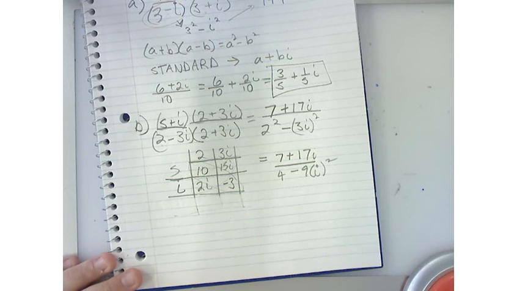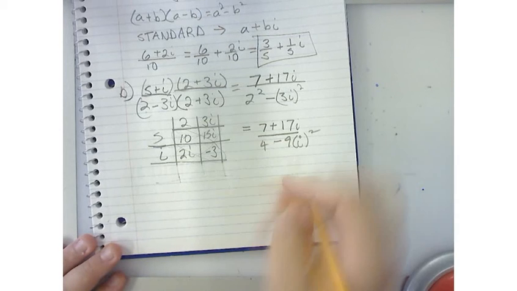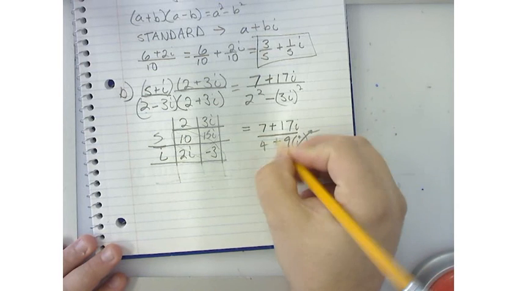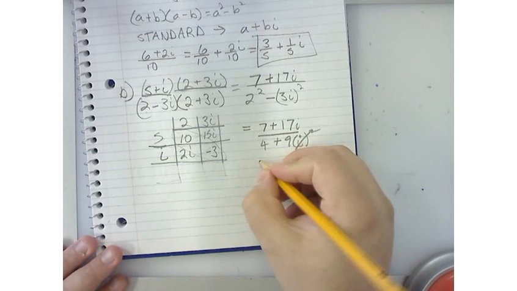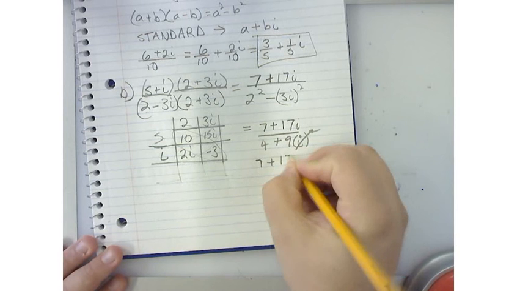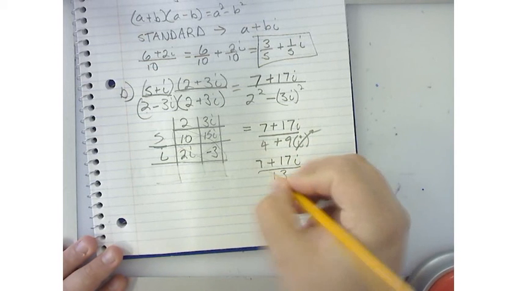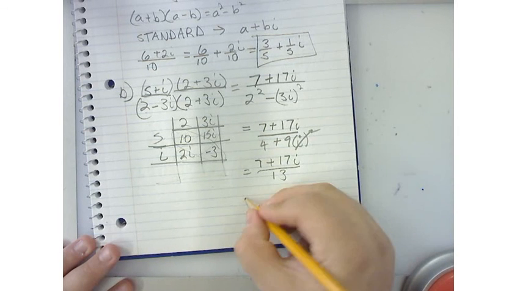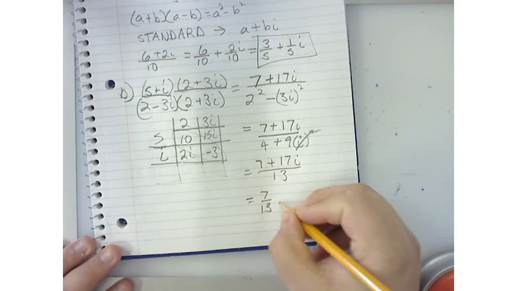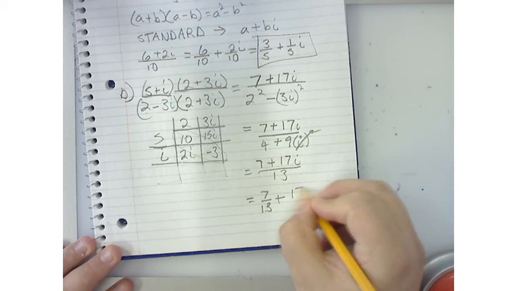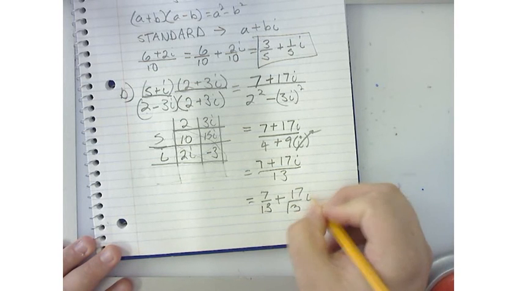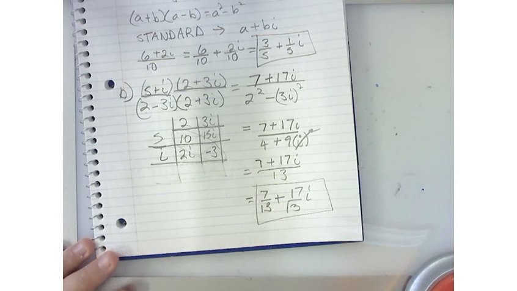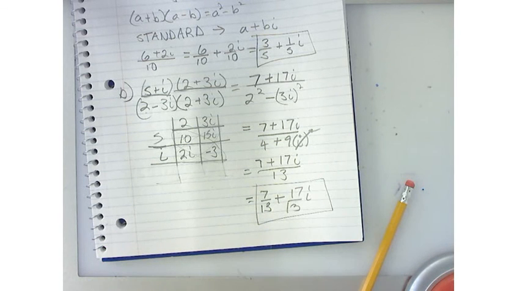But what's i squared? -1. So this becomes a positive 9. So I've really got 7 plus 17i all over 13. Now if I split that up, I've got 7 over 13 plus 17 over 13 i, and that is the final answer. Does that make sense? Okay, good.